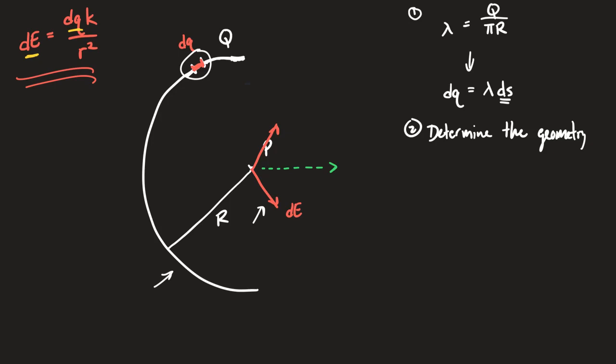So I'm going to make some definitions for what my angles are going to be. I'm going to call this theta. And the width in here, I'm going to call that d theta.